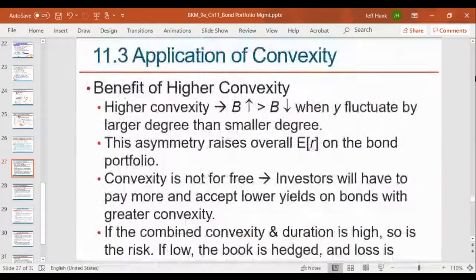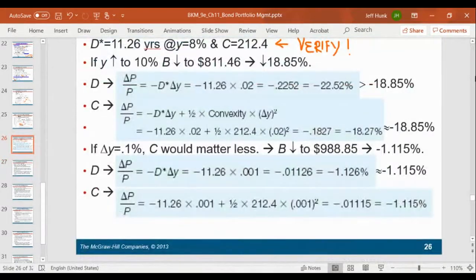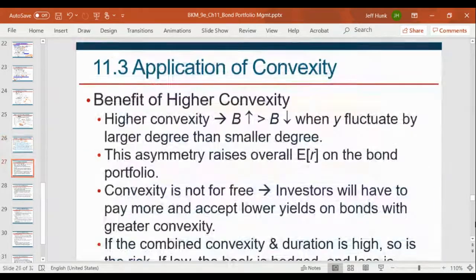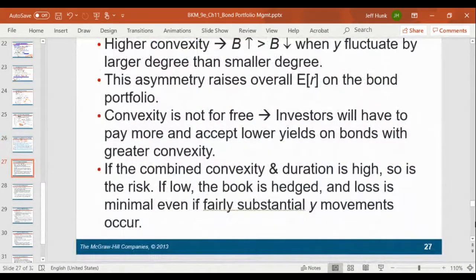Okay, and why? It's because of the algebraic sign. Look at the algebraic sign. One is negative, the other one is positive, right?